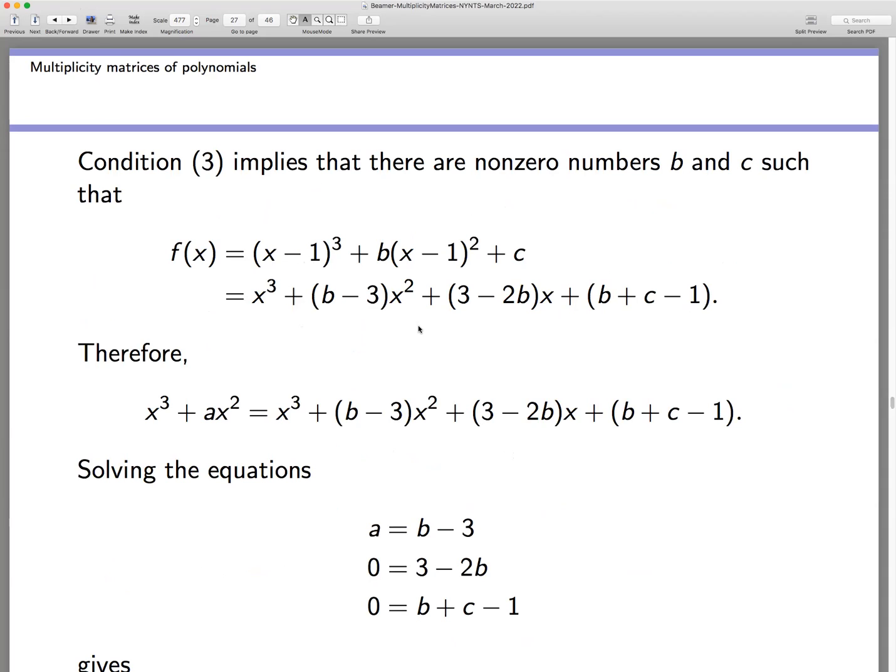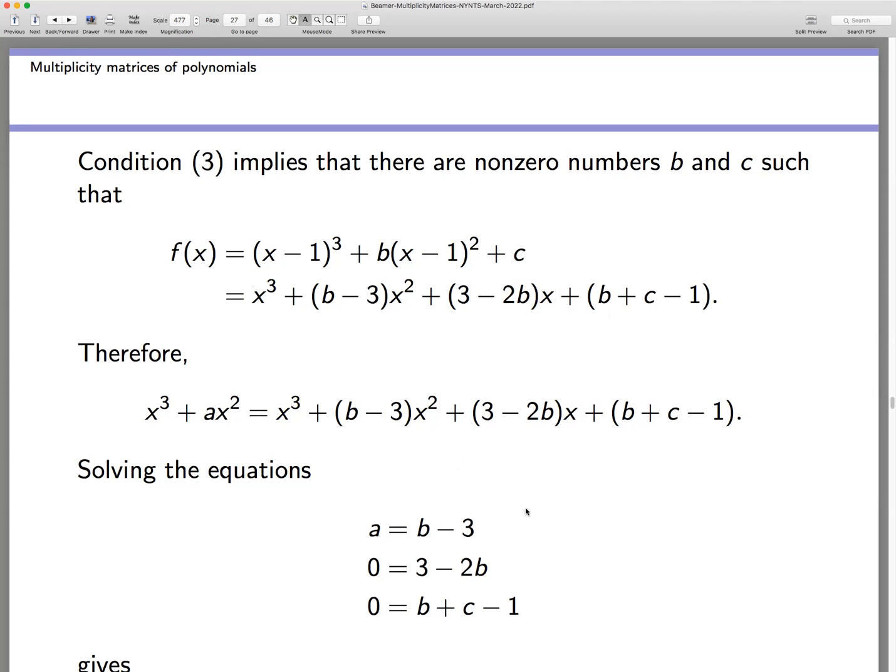I hope I did it right, but I can expand the cubic. So f of x looks like this, but it also looks like this, and it's the same polynomial, so these have to be equal, which means you can equate the coefficients. So for the quadratic term, a is equal to b minus 3. The linear term has coefficient 0.